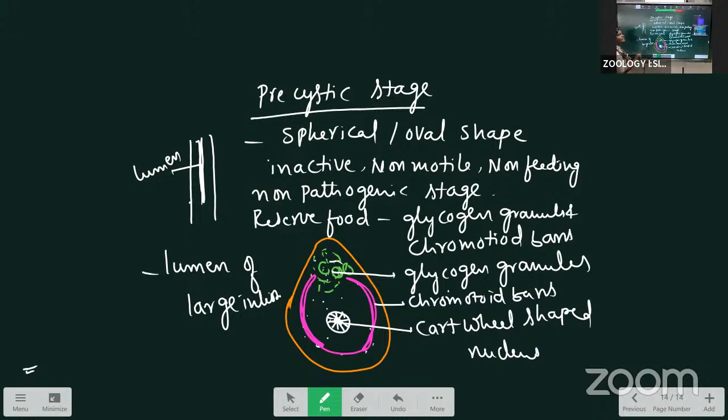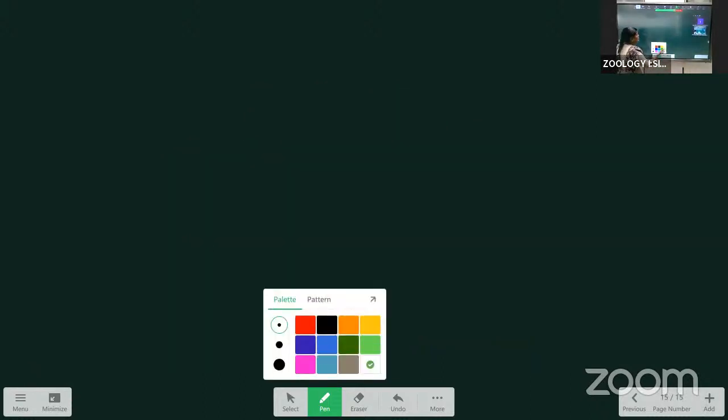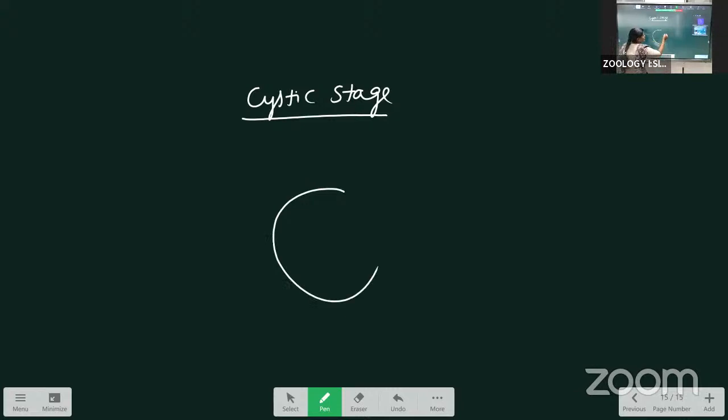Next, the important stage is the cystic stage. The third stage is called the cystic stage. This is round, the same inside as the pre-cystic stage, but it is spherical in shape and surrounded by a thin, hard wall.